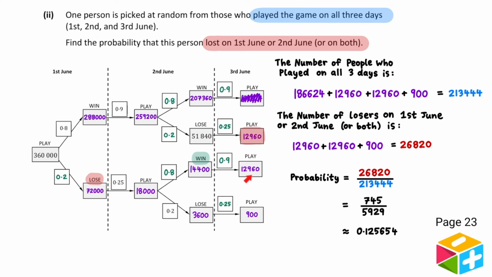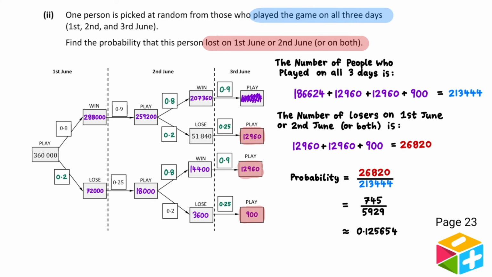So again, this represents players who did lose on one of the days. Finally, the 900 people in the last box lost on the 1st of June and lost again on the 2nd of June. So these guys also lost on one of the days.